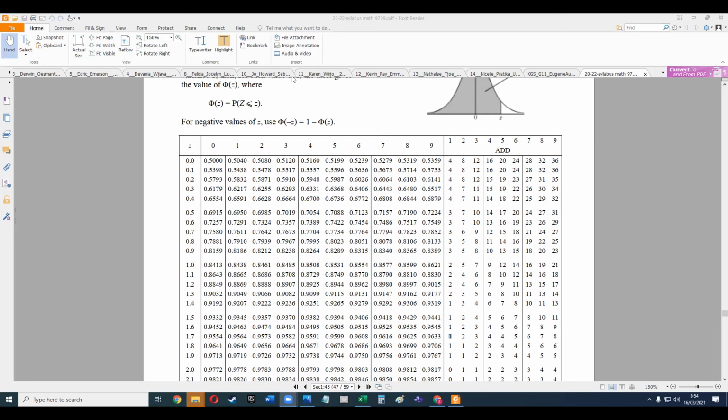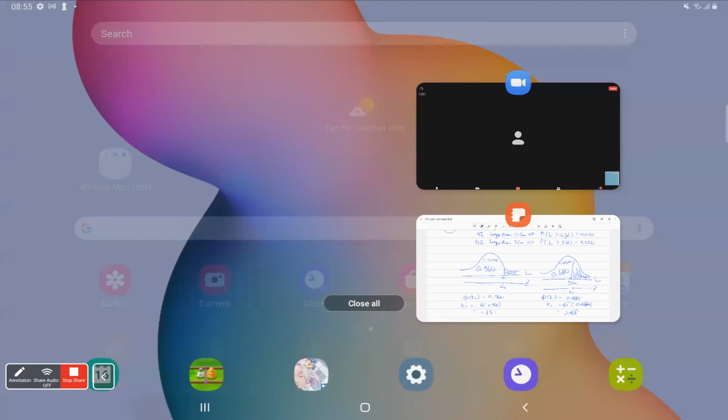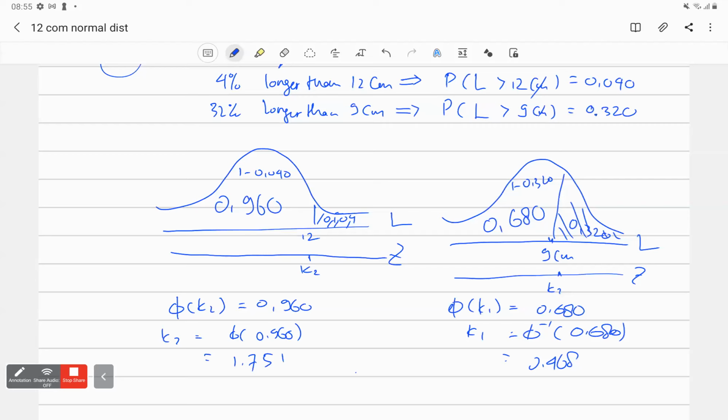Okay. That's it. I'm going to stop sharing and go back to the tab. So we have these two data now. For K number 1, this happens to be 1.751.